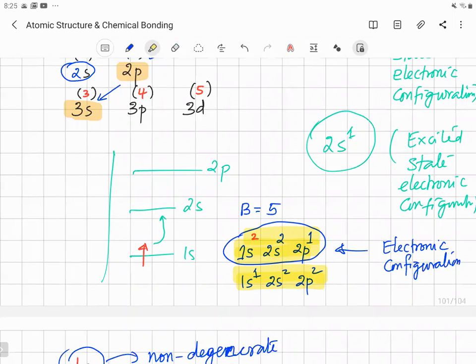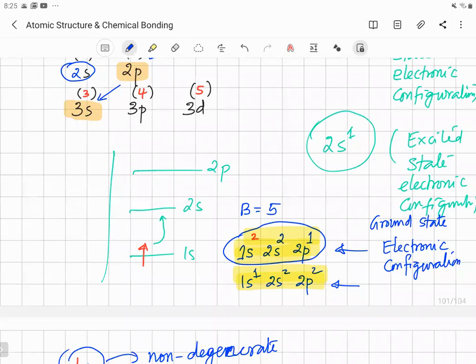So the electronic configurations we write are usually ground state electronic configurations. Ground state means the lowest energy electronic configuration. The second one is also an electronic configuration, but it is not the lowest energy one.